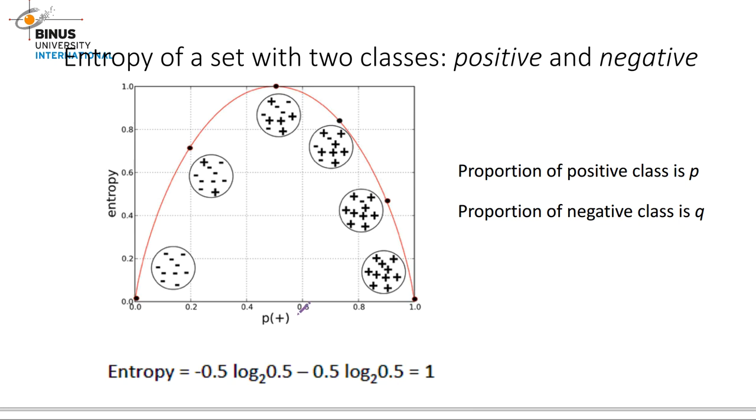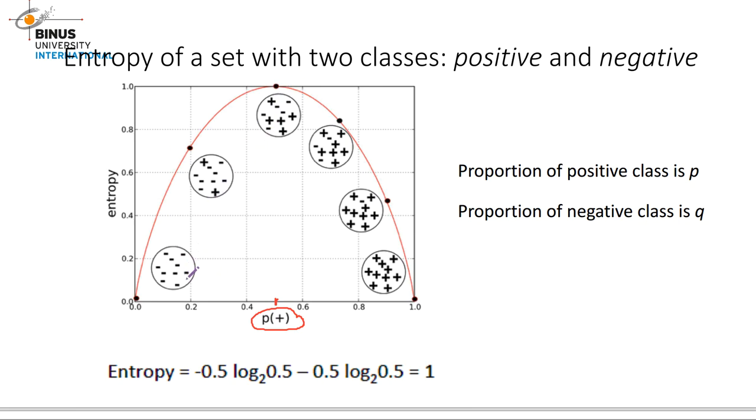This is the probability of the class with positive label, and this is the entropy. Here we can see 0.5, the positive class label, 5 out of 10. So we have a probability of exactly half, and the entropy value is 1.